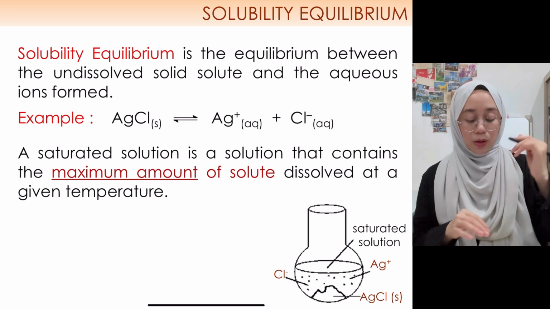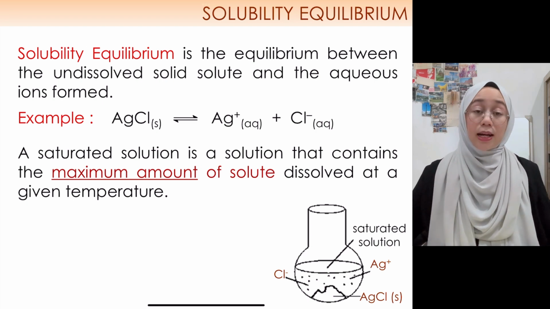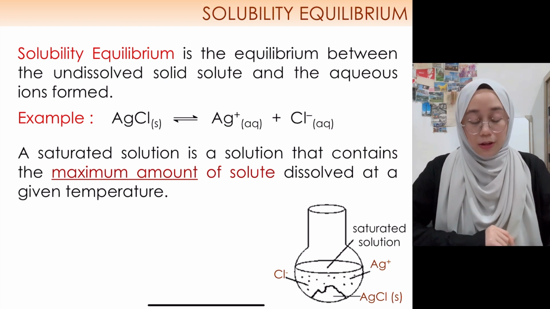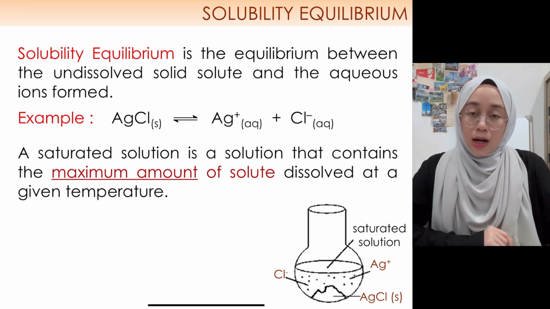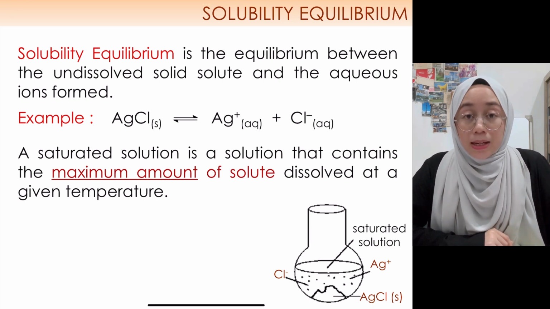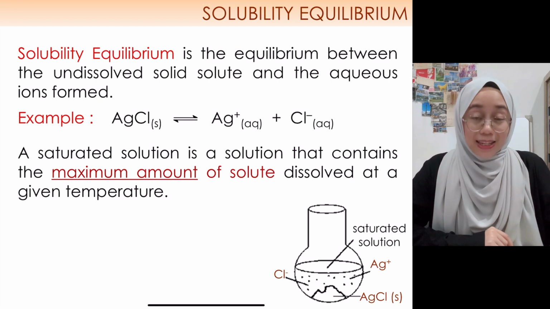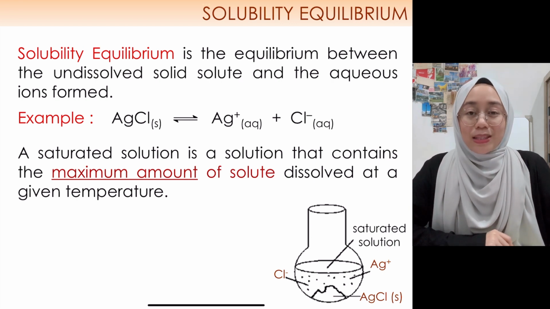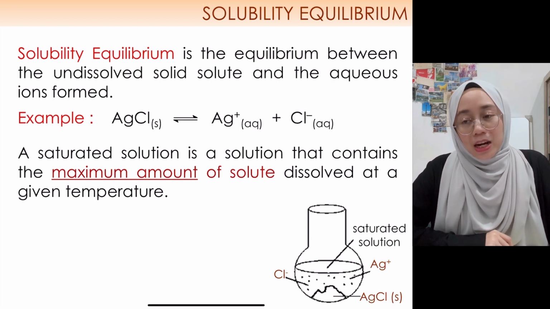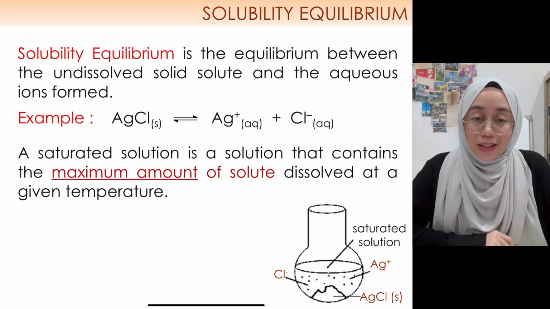Okay, so a saturated solution is a solution that contains the maximum amount of solute dissolved at a given temperature. Bermaksud the moment kita dah terlebih daripada maximum amount tu, you will see some of the compound yang tak dissolve tu, the undissolved part.